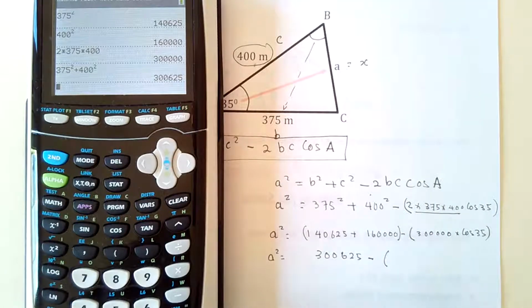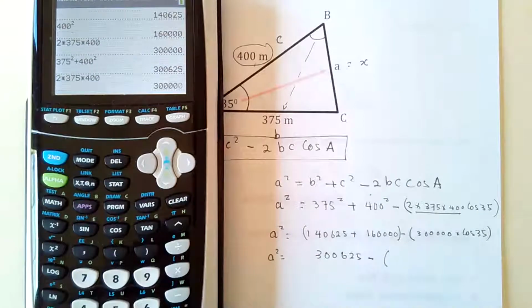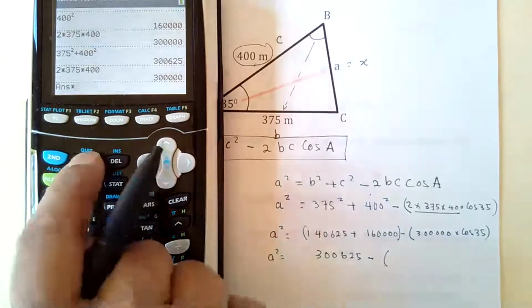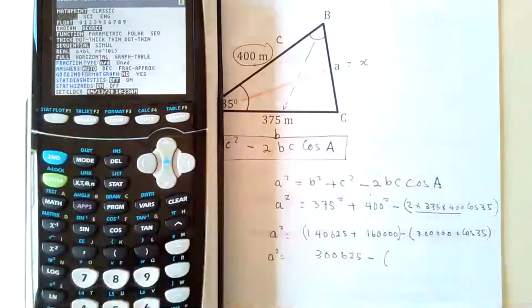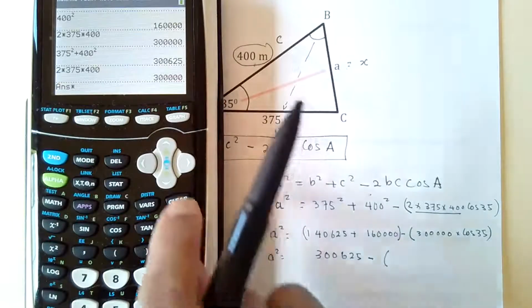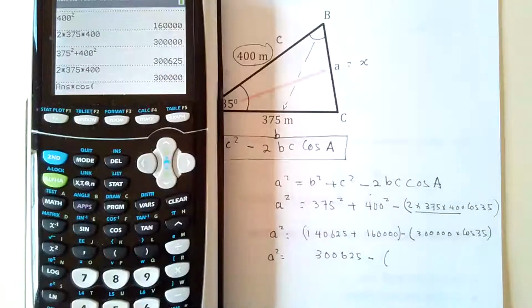Another way of doing this would be 2 times 375 times 400 times cos 35. Make sure your calculator is in degree mode. You want to be in degree mode for this. So we have that times cos 35.